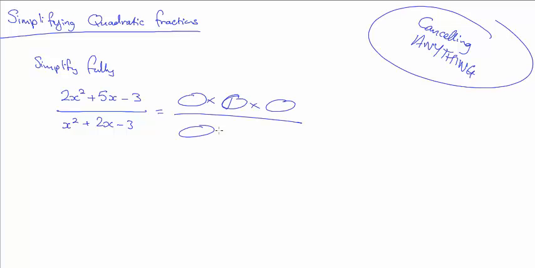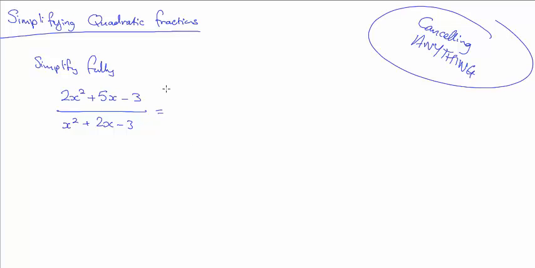If the same thing is on the top and the bottom, then you can literally cancel them. The maths never changes. So how do we get the top and bottom as a chain of things multiplying? It's easy. We factorize them.